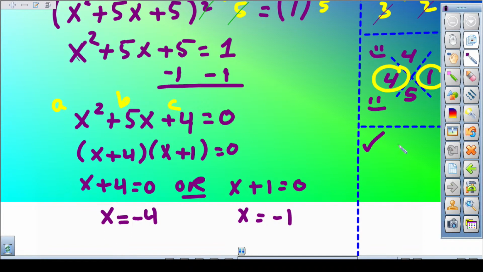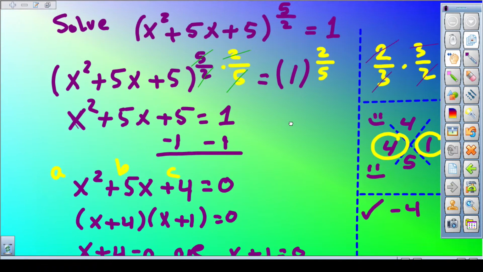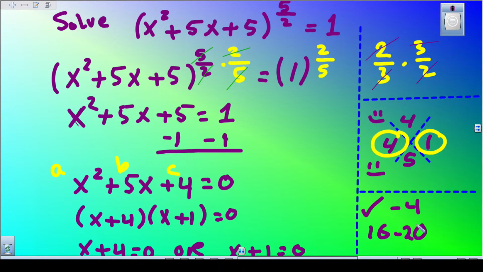Check it. So I'm going to check x equals negative 4. So I'm going to look here just at the top here and see if that's going to make sense. X equals negative 4. Okay, here's negative 4 squared. Well, that's 16. And then I've got 4 times negative 5. That's negative 20. So I've got 16 minus 20. Plus 5.